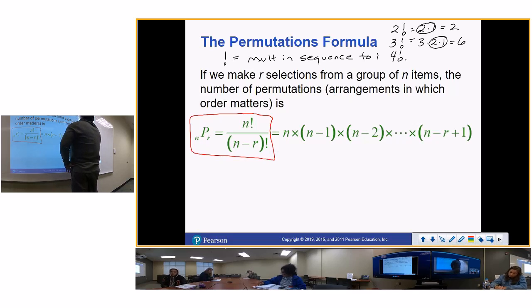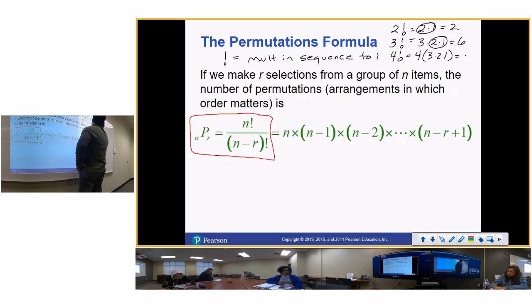I want you to see the pattern. You can do 4 times 3 times 2 times 1, or you can do 4 times 6, which is 24. You see the pattern?